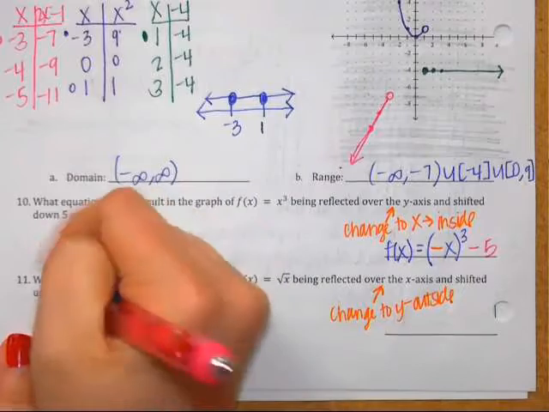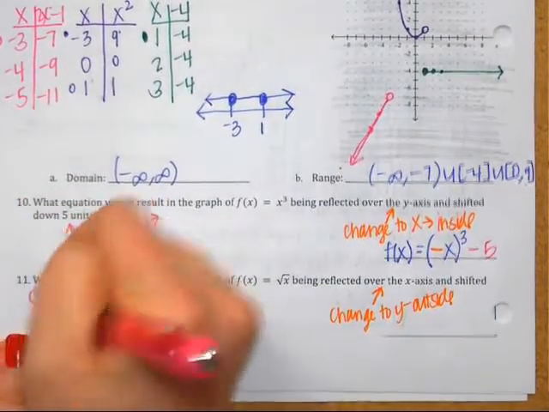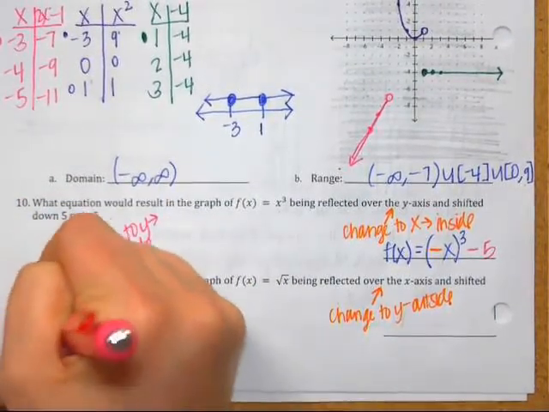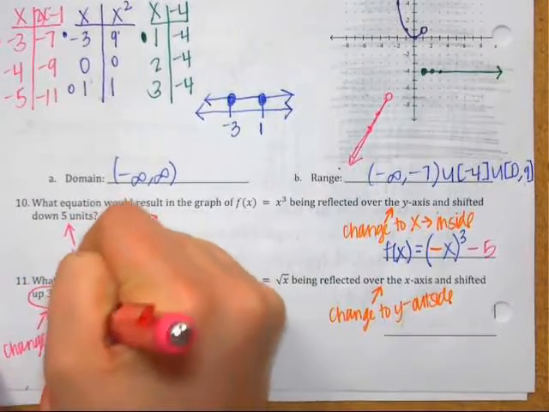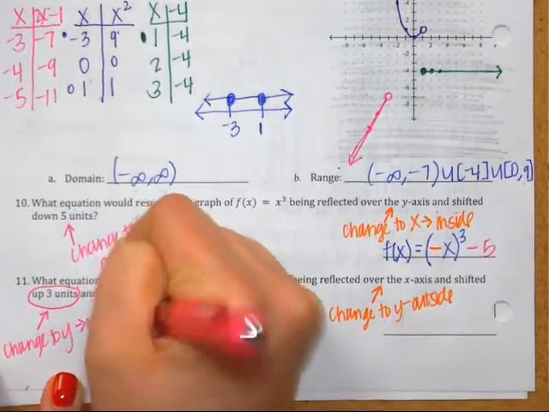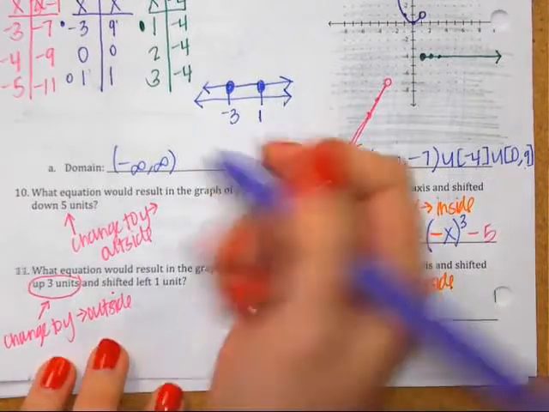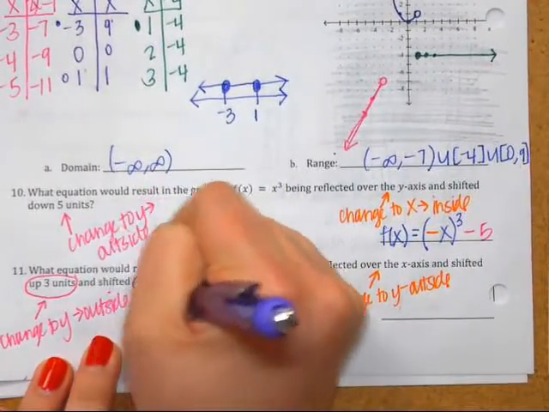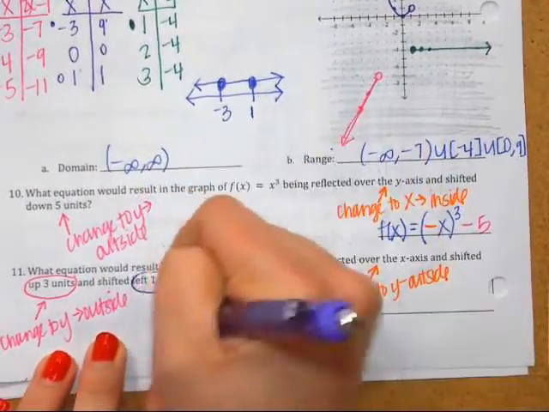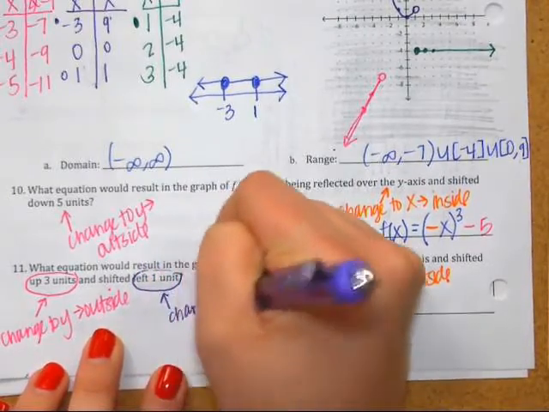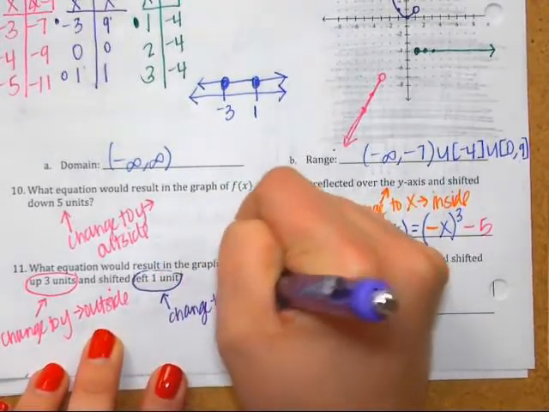Up 3 units, remember up is a change to the y also, just like it was up above. And that's going to be, again, outside the function, or in this case, outside the square root. Now left or right is a change to the x. Left, change to x. A change to an x is always inside the function, so it's going to be inside the square root.